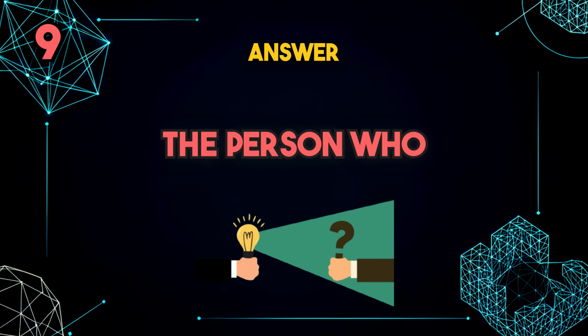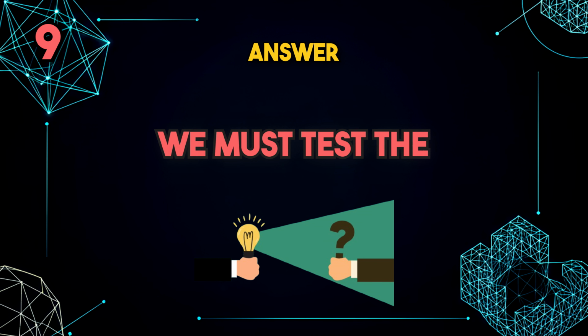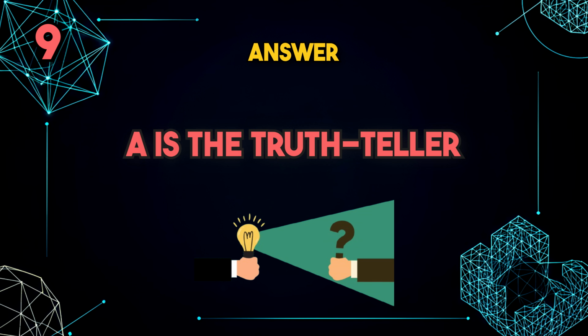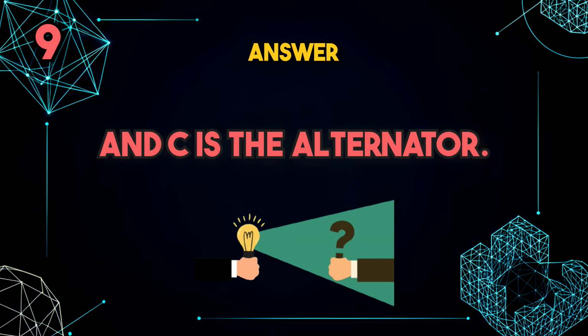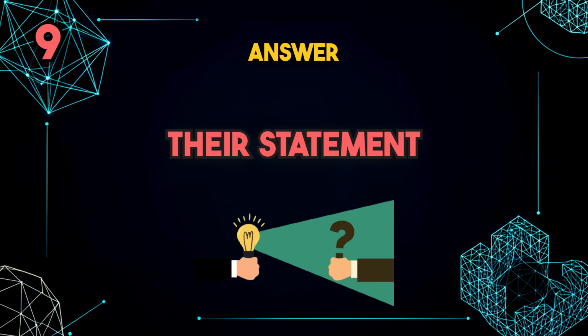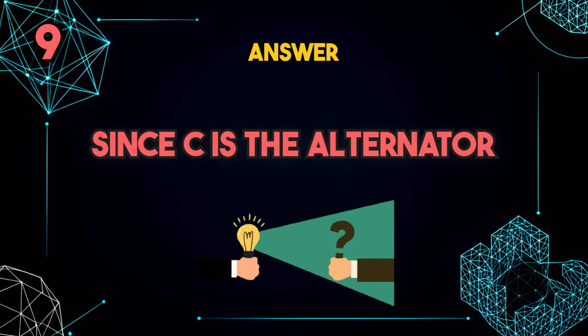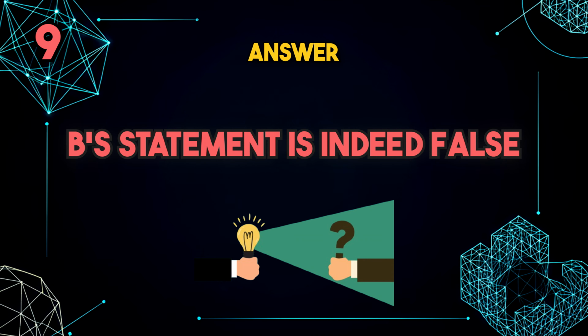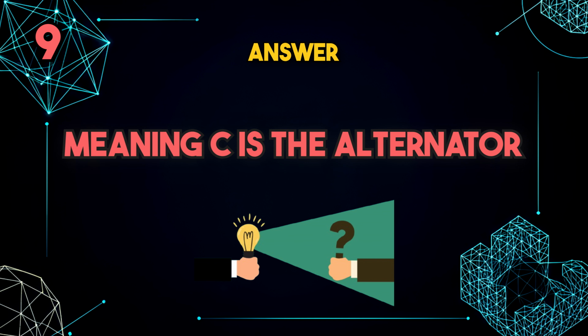Alternator refers to the person who alternates between telling the truth and telling a lie. We must test the possibility that A is the truth teller, which means B is the liar and C is the alternator. If B is the liar, their statement, C is the truth teller, must be false. Since C is the alternator, B's statement is indeed false. The roles are consistent in this scenario, meaning C is the alternator.